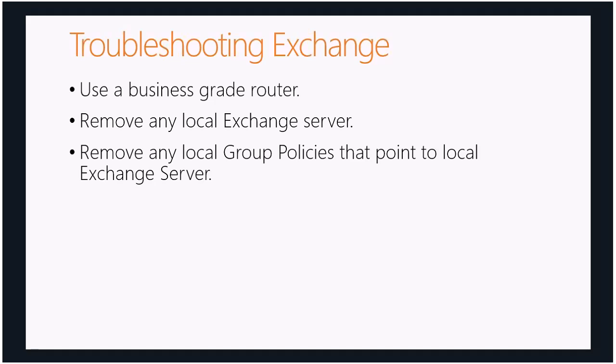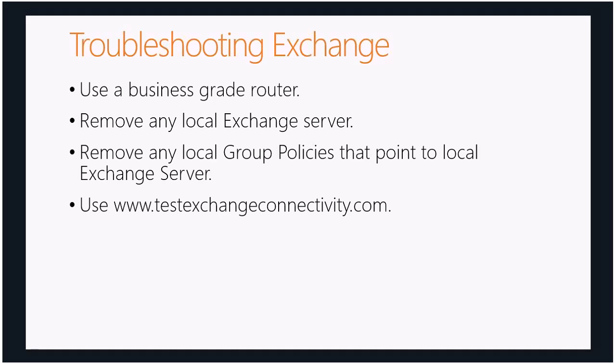Even if you have shut down the Exchange server, the group policy will continue to point back to the Exchange server on premises, which it won't find. It'll time out. You'll get password requests. You'll get all sorts of fun and games there. So not only make sure that you remove the local Exchange server, but also remove any references to it in something like group policy, which is pushed out to the clients on premises.